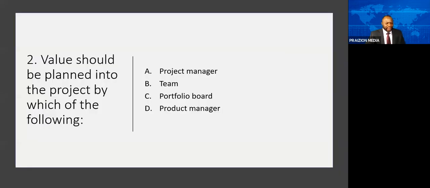Value should be planned into the project by which of the following? Who plans value into the project?